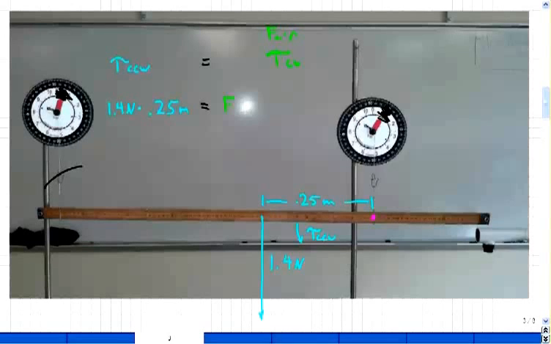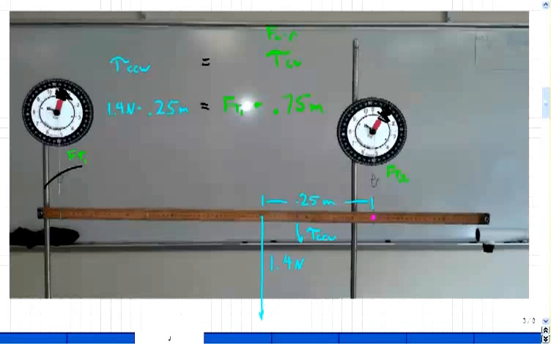Now when I set them equal, what I'm really looking for is the force. We're going to call this FT1. This one's FT2. I want to know what FT1 is. What's that thing going to read? Well, we know this radius, if we measure all the way out to here, that was 75, and this is 5, for a total radius of 0.75 meters.